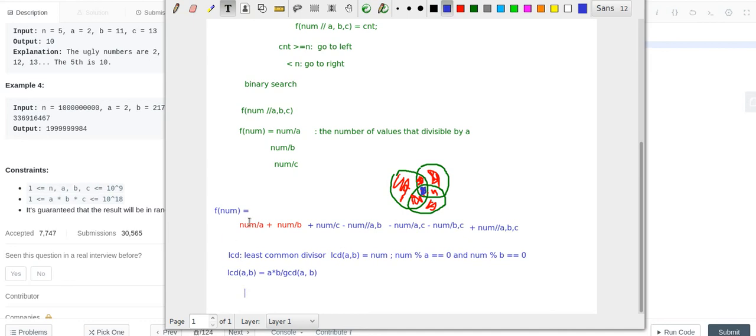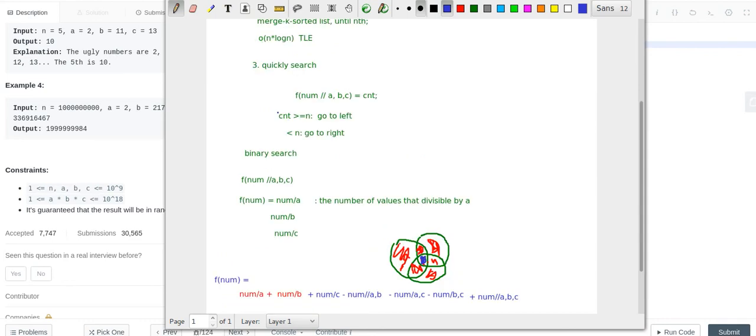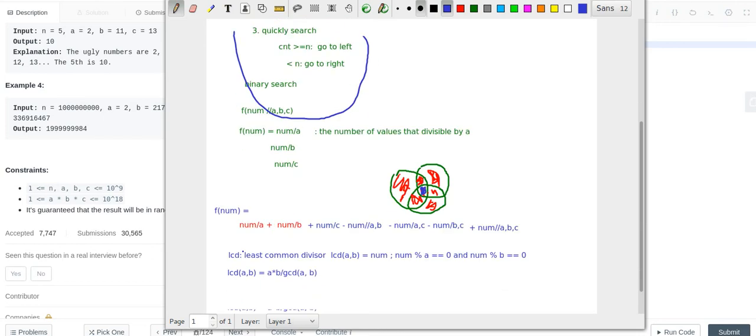After we figure this out, we use the binary search logic to find the answer quickly. The time complexity should be O(log m), where m is the largest value range we need to search.